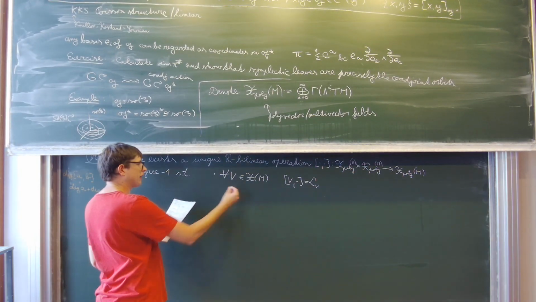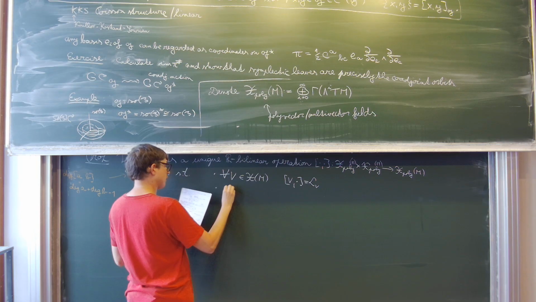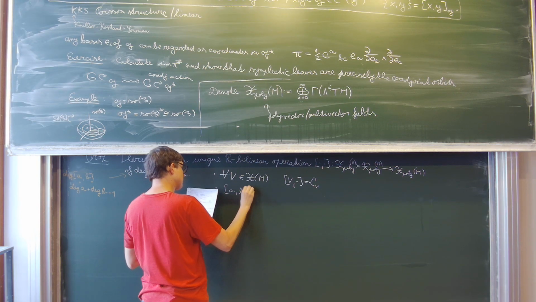Okay, so I want a vector field with this. I want it to be antisymmetric in some sense.